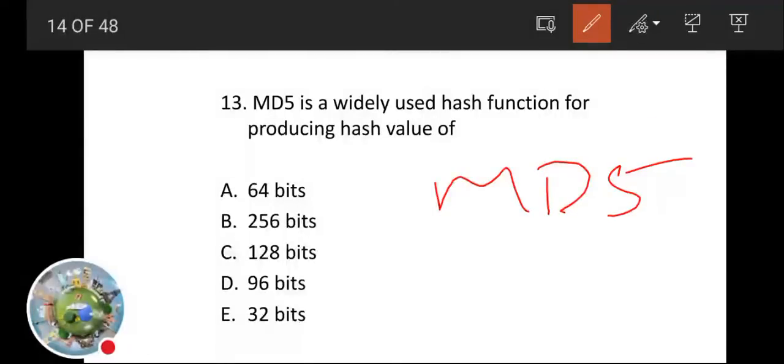Then what is the size? The versions start with MD0 to MD6, but MD6 is still not in use. Still we are using MD5. It is a strong message digest algorithm which uses different sizes of values on each version. Then what is the size of MD5?